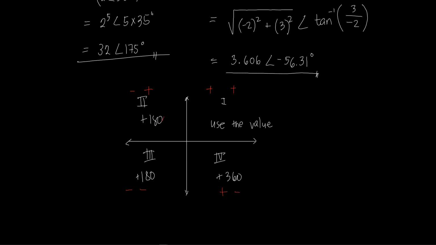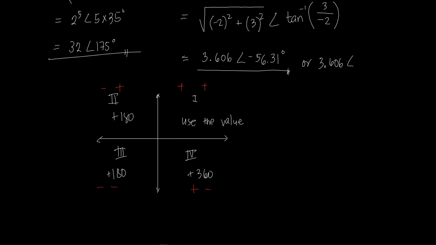So since quadrant 2 man siya, mag-add ta og 180 degree. So kani siya, kung add natin siya og 180 degree, pwede ta moingon this is 3.606 angle. Kung add na to og isa na to atong calculator.